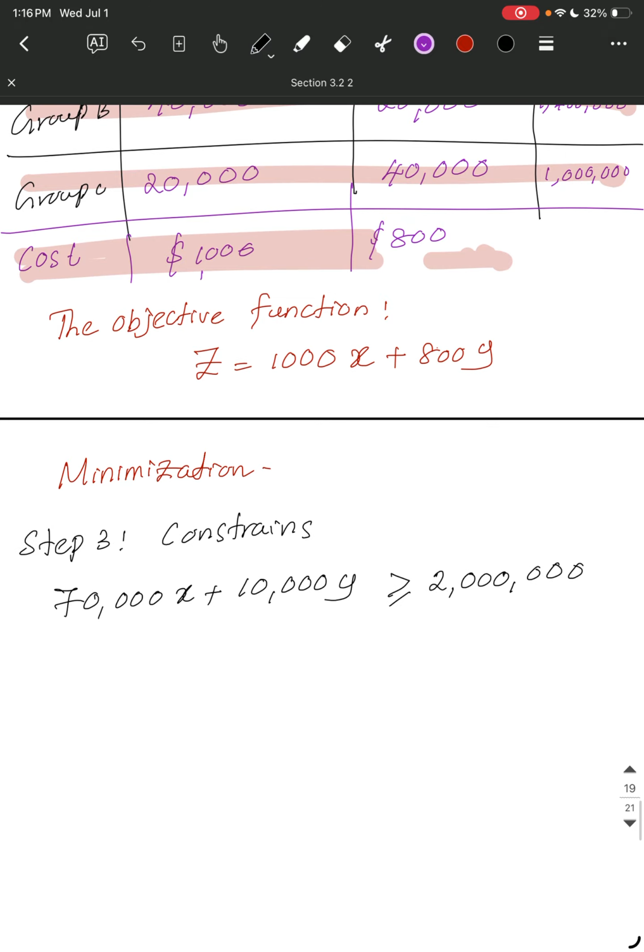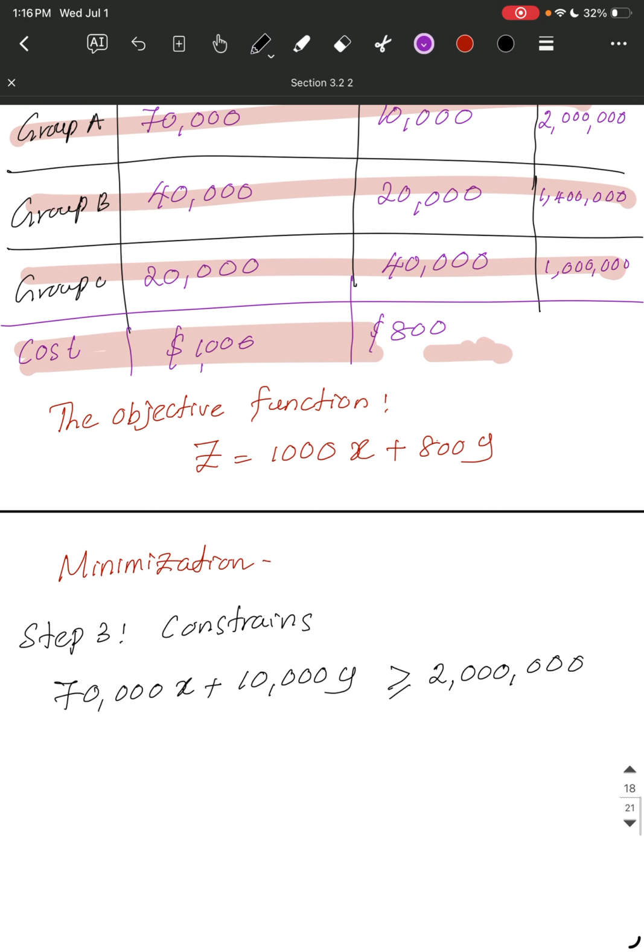And the second one, 40,000x plus 20,000y greater than or equal to 1.4 million.